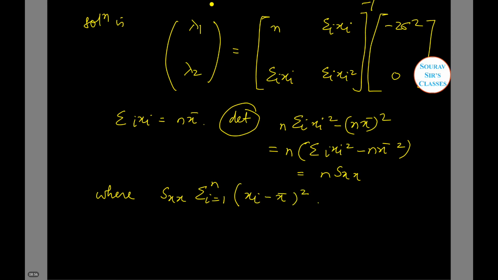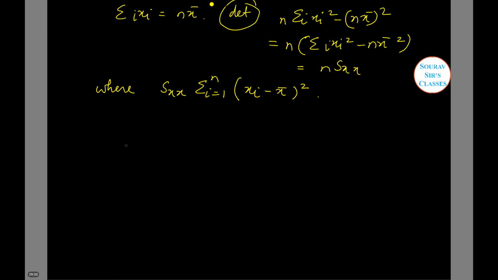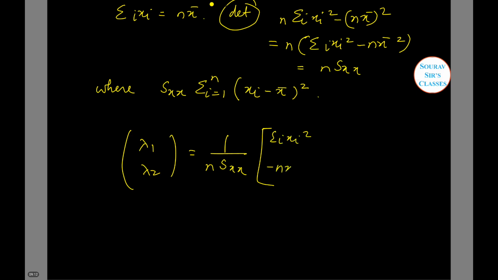So the solution is therefore 1 by n Sxx times the matrix summation xi square, minus n x bar, minus n x bar, n, times minus 2 sigma square, 0.